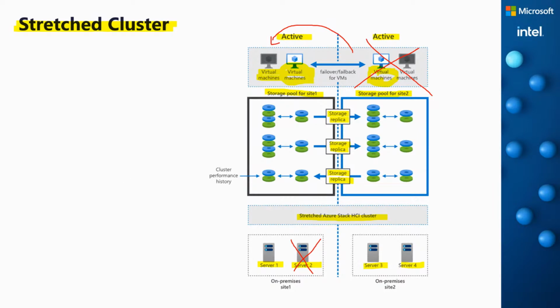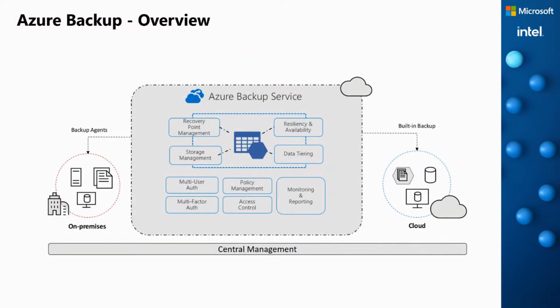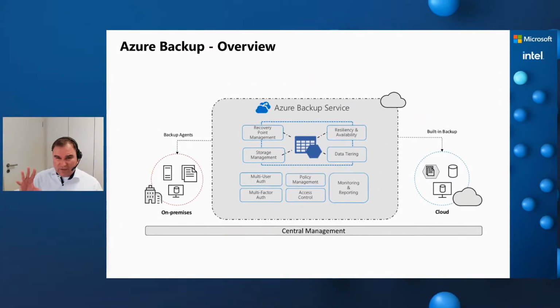But what can we do if we are thinking about a complete outage of a local site or of several local sites? For this scenario, we can use Azure Backup and/or Azure Site Recovery.